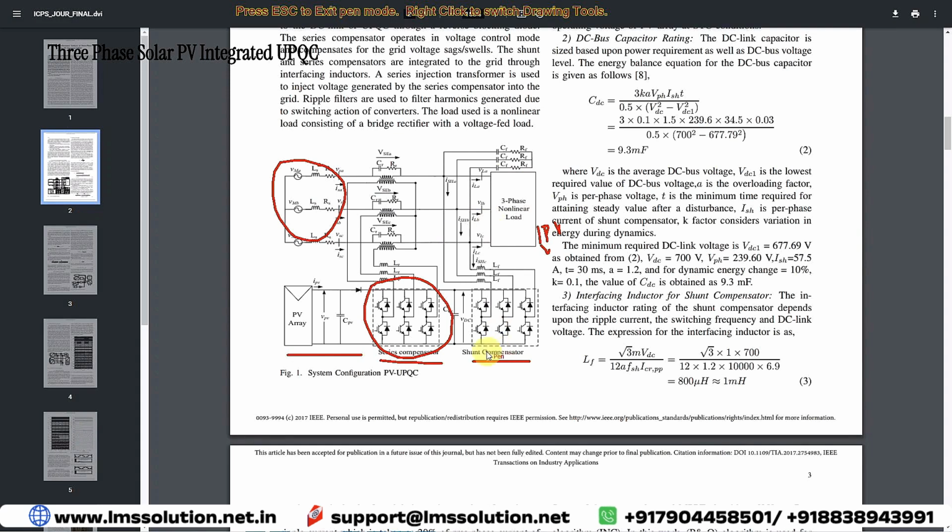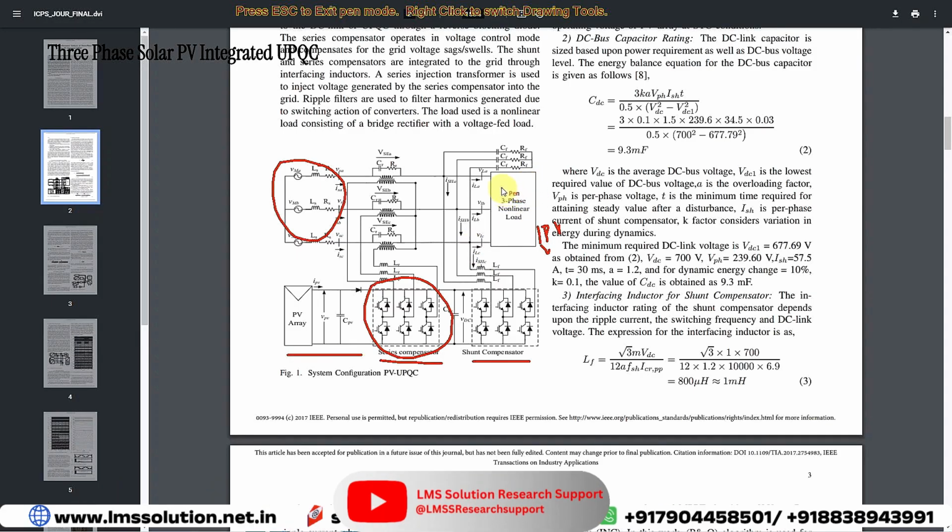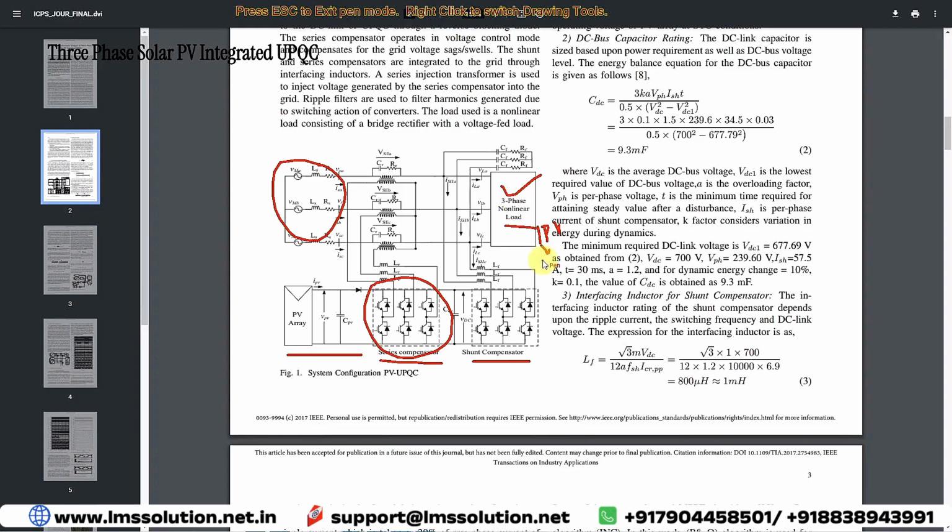And what is the use of the shunt compensator? The shunt compensator injects some current in order to mitigate the reactive power problem, as well as, for example, any unbalanced load in the system. If an unbalanced load is created in the system, the source current becomes non-sinusoidal. Because of the non-linear load, the nature of the source current also becomes non-sinusoidal.